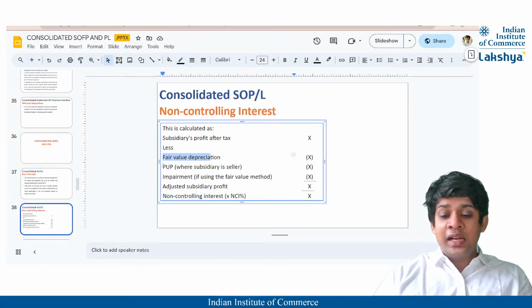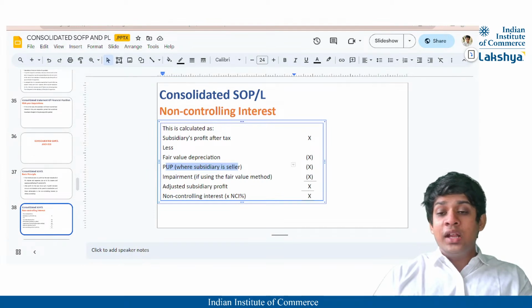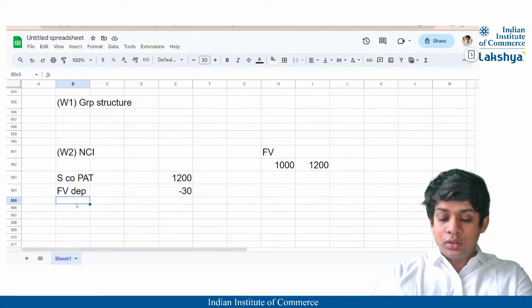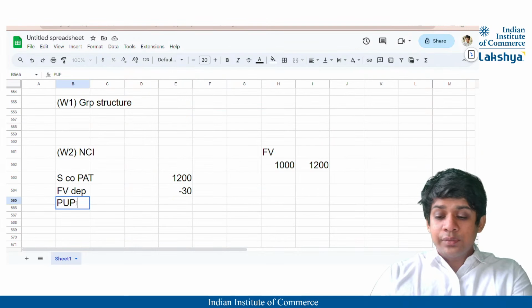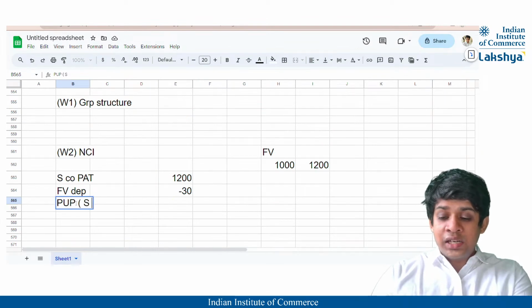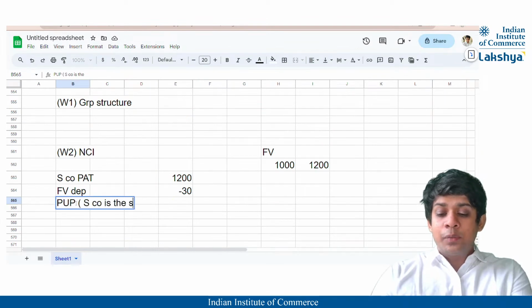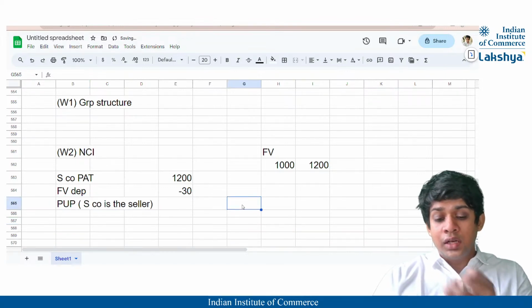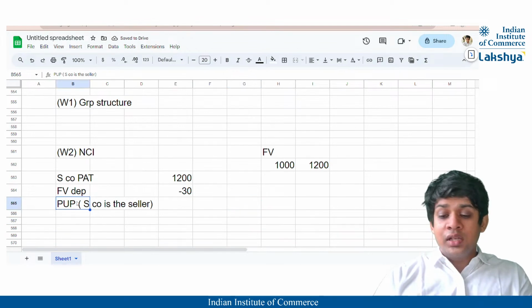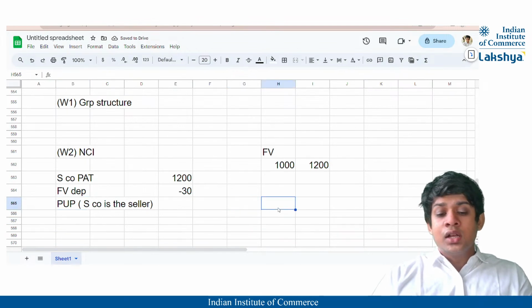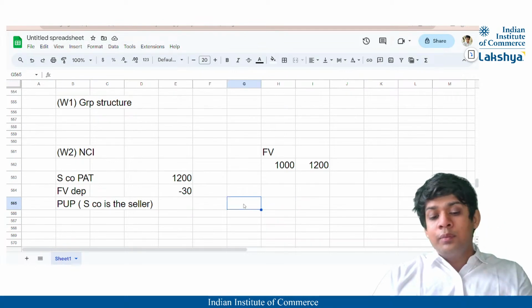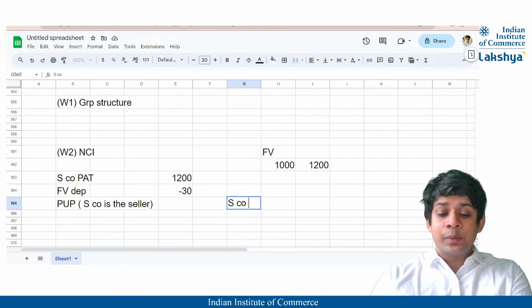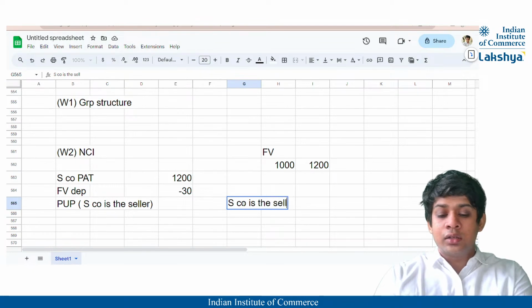Then if there is any PERP, only when the subsidiary company is the seller, the PERP will be adjusted in NCI. Otherwise, it will not be included within NCI. This applies be it for the sale of non-current assets or the sale of inventory, wherever you get the PERP, provided that the subsidiary company is the seller.